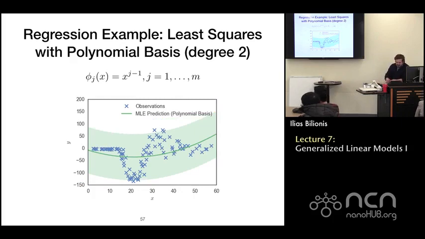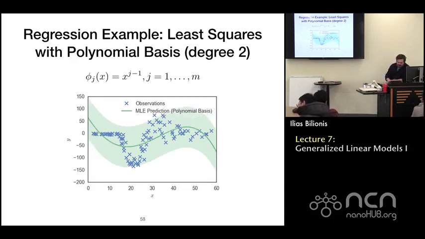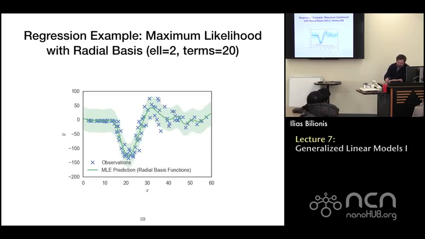This polynomial basis, you see how the whole thing changes. I mean, it always covers the data because, you know, that's what it is designed to do, but it still overfits.